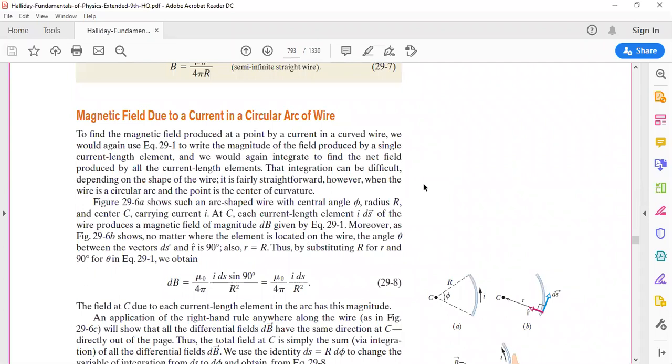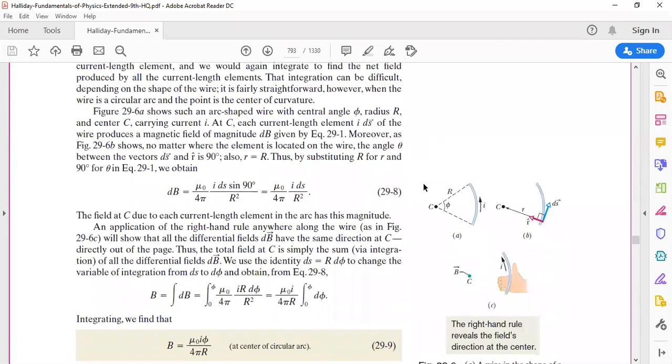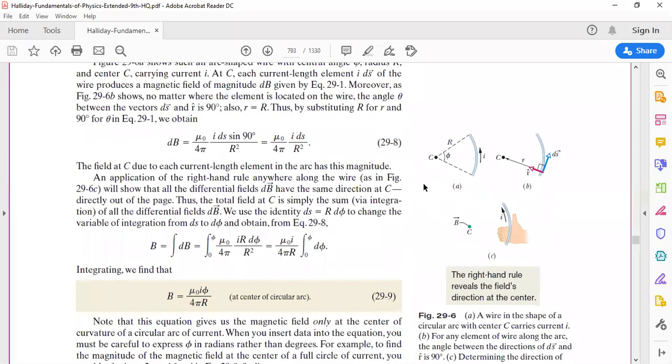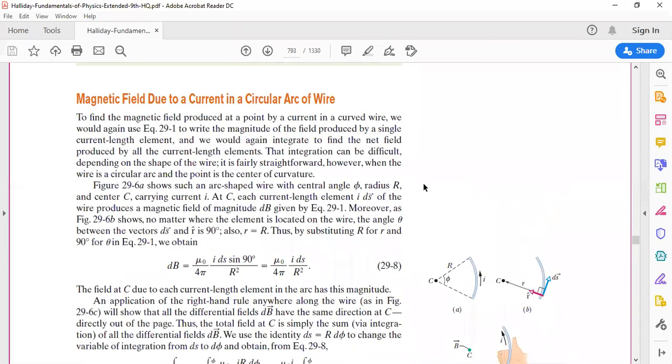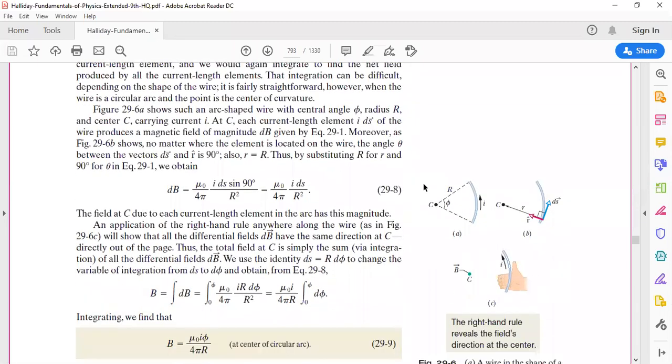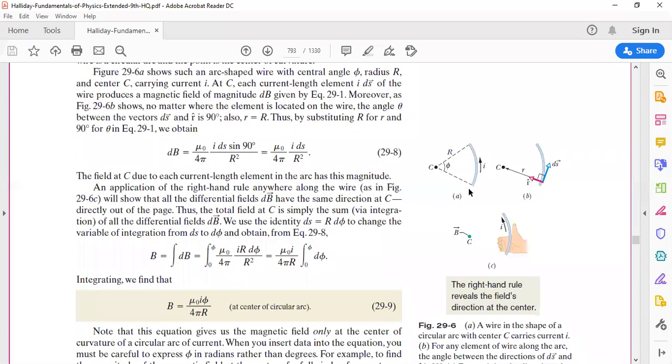Now again, magnetic field due to a current in a circular arc of wire. If you change the shape of the wire, then definitely things will change. So for your better understanding, another case is given, as in figure 29.6.